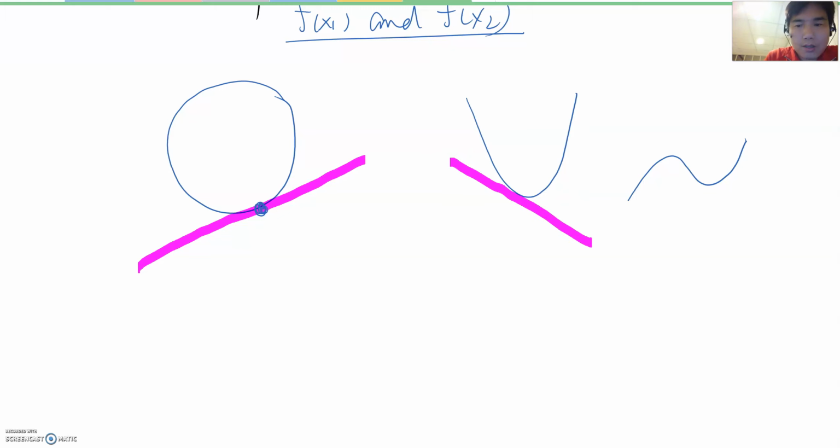So exactly 1 point, that's the line we just call tangent line. Okay?